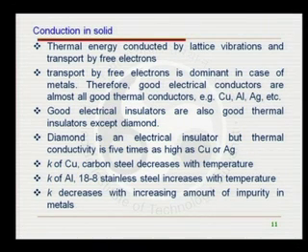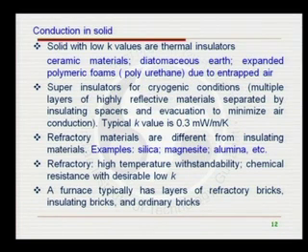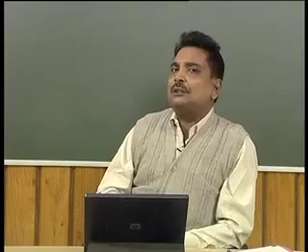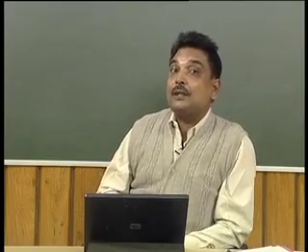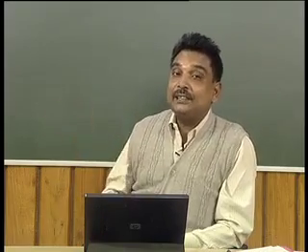Thermal conductivity of metals also decreases with increasing amount of impurity. This is useful information, because depending upon it, we decide where to place materials in the form of refractory linings, insulating materials and so on.